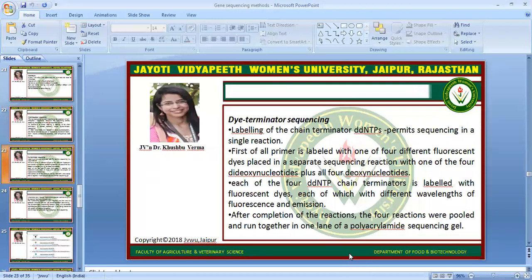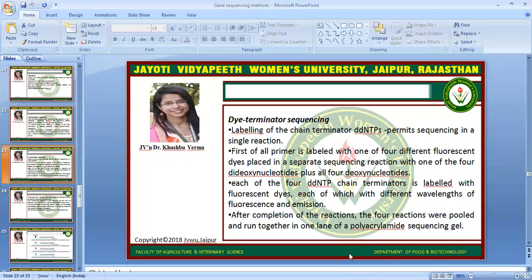Now we will discuss dye-terminator sequencing. Labeling of the chain terminators ddNTPs permits sequencing in a single reaction. First of all, in the primer labeling approach, the primer is labeled with one of four different fluorescent dyes and placed in a separate sequencing reaction with one of the four dideoxynucleotides plus all four deoxynucleotides.